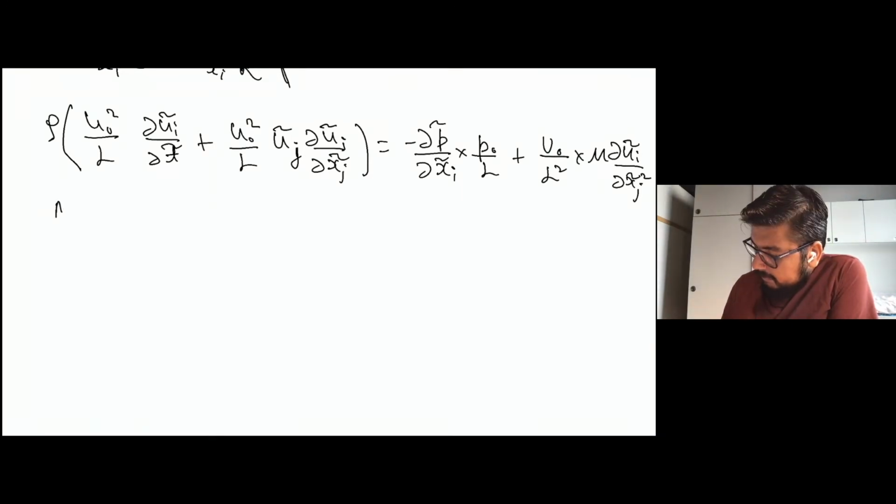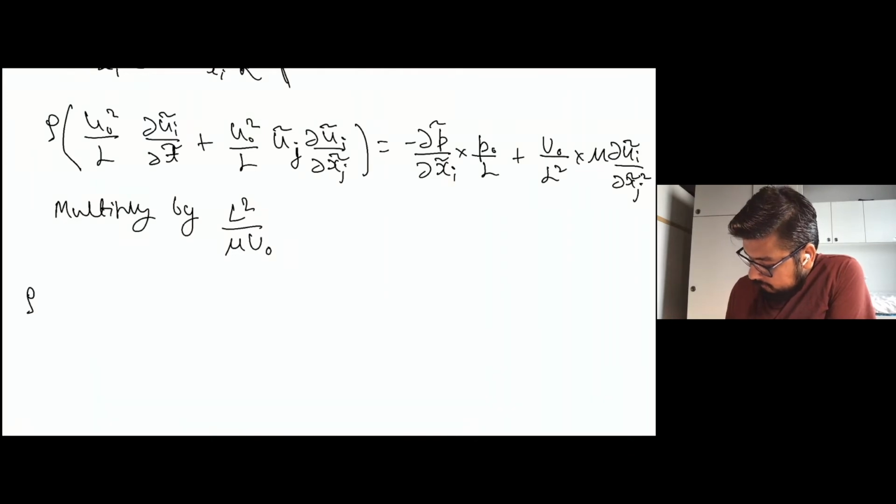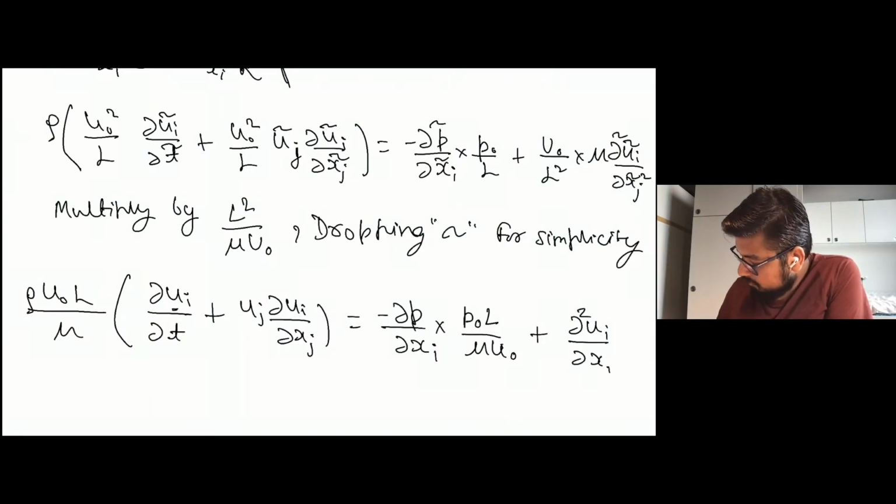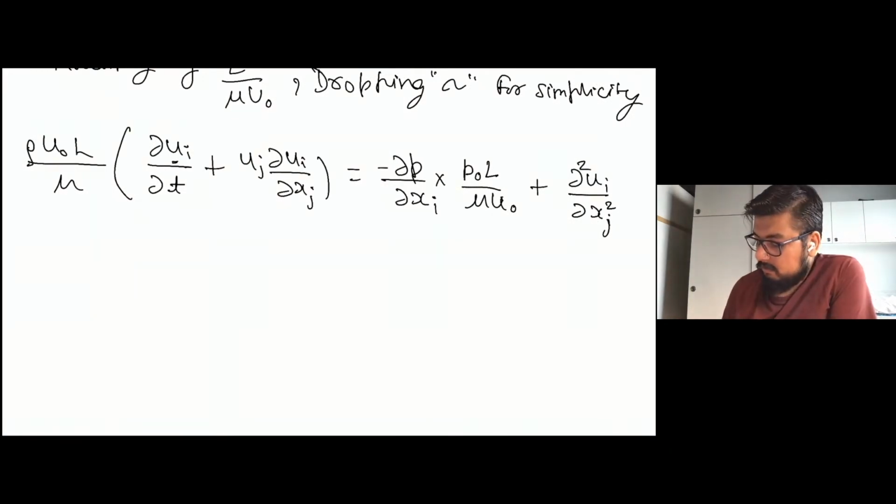Now, let us multiply the whole equation by L square by mu U naught. I'm going to drop the tilde from this equation just for the sake of simplicity. Now, something interesting happens. You can immediately identify this term as the Reynolds number.